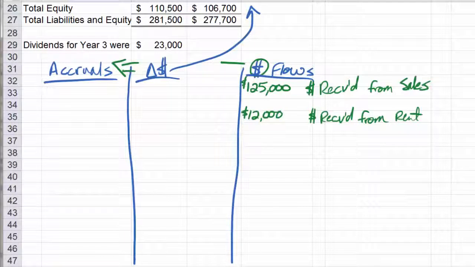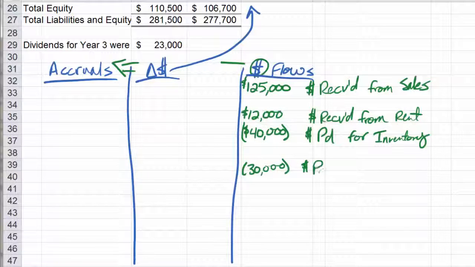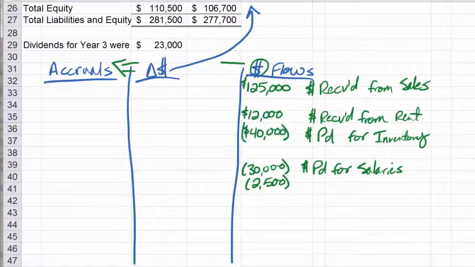In this case, we paid $40,000 cash paid for inventory. Then we had $30,000 cash paid for salaries. Let's see, $2,500, again an outflow, cash paid for office expenses.